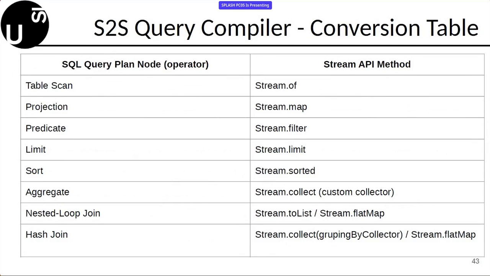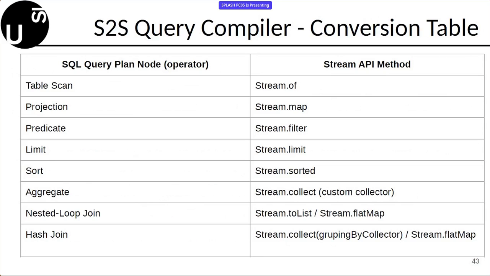Our SQL compiler is based on this conversion table. Basically, we visit the query plan, and for each node in the query plan, we generate a method call into the Stream API. So the table scan operators, which are the leaves of the query plan, are those nodes that loop over the table, and are converted into a stream creation method, Stream.of in particular.